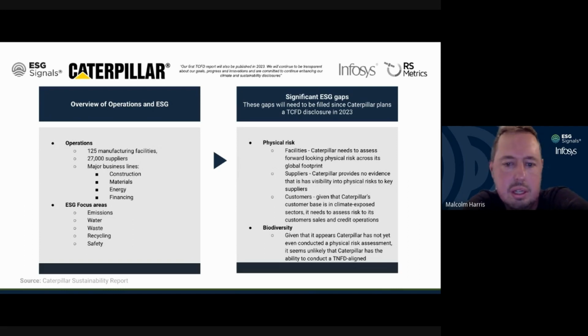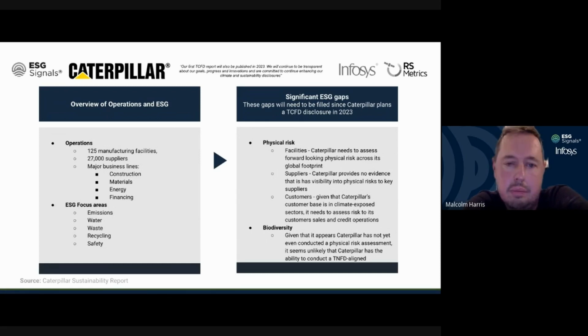So we see all kinds of potential impacts that you really want to have visibility into. And I point to suppliers because it's not just a disclosure exercise that someone like Caterpillar should be doing. It should be a data-centric approach that filters across the corporate operations.